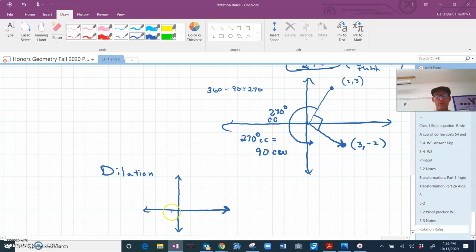And things can get really complicated, but let's say we have a triangle here, triangle ABC, and I'm going to shrink it or enlarge it. You can either shrink it or enlarge it.